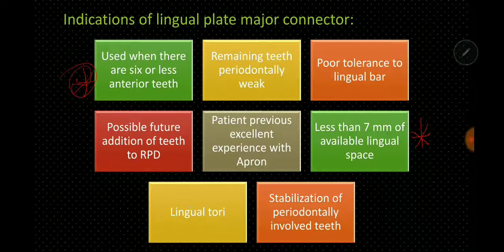If the patient has lingual tori, you can use a lingual plate instead of the lingual bar. And if you want stabilization of periodontally involved teeth. So make sure you review the indications of the lingual plate versus the lingual bar. In the previous series, we already discussed the lingual bar. Now this is the lingual plate.